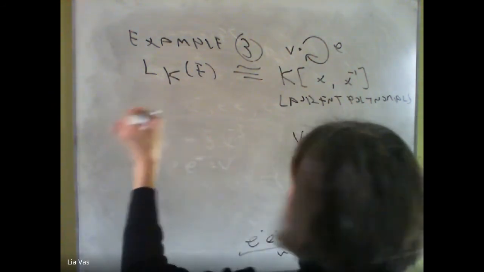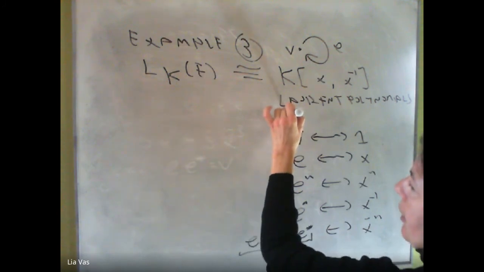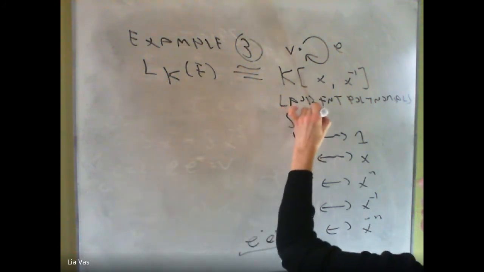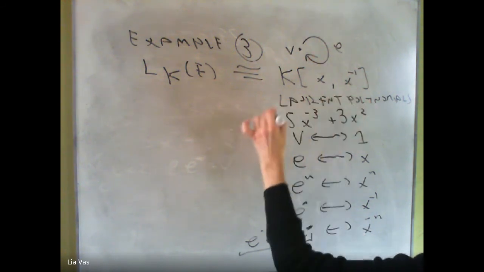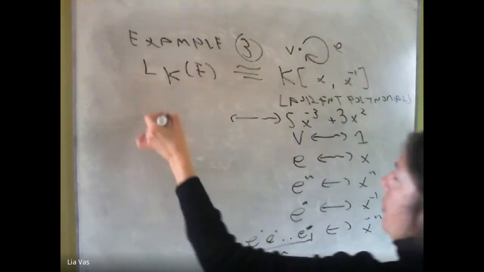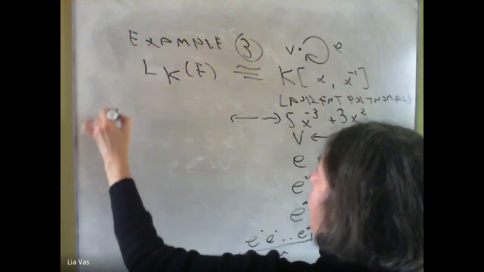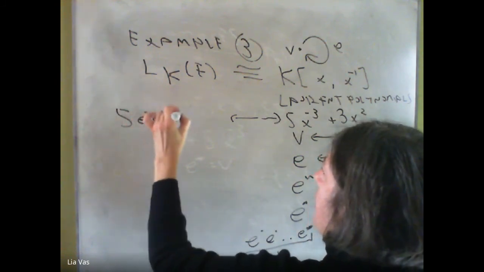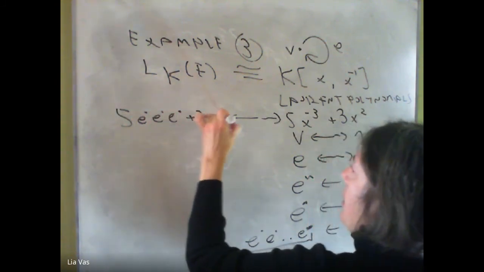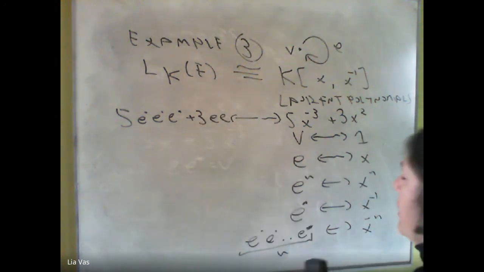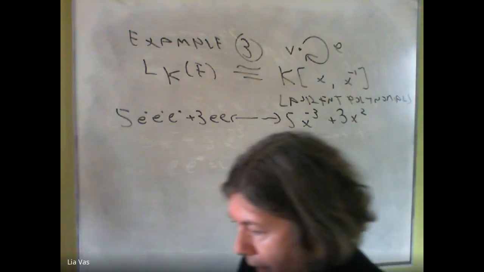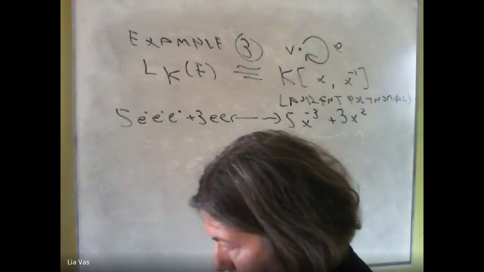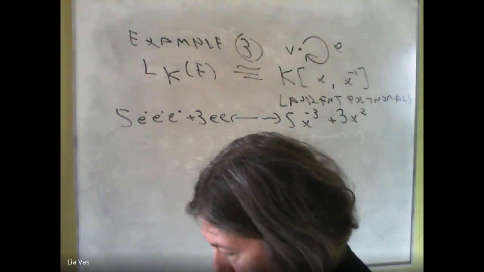So this example, let's first put the negative power first. So 5x on negative 3 plus 3x squared would correspond in Leavitt path algebra to like 5 E star E star E star plus 3 E, right? So there is this isomorphism here. And I'm not sure if I want to hold you any longer because I'm already talking a lot today.